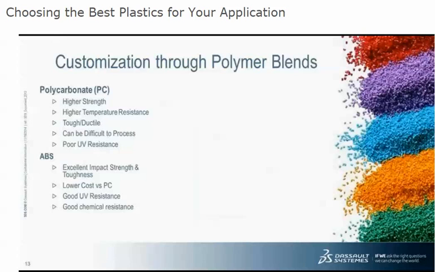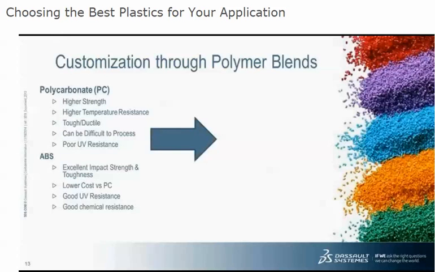Those are two of the best things about ABS. It's lower cost versus polycarbonate. It has very good UV resistance, and it also has probably better chemical resistance than polycarbonate. Now, through blending those two materials together, I can create a polycarbonate ABS blend, which basically takes the best of both worlds.